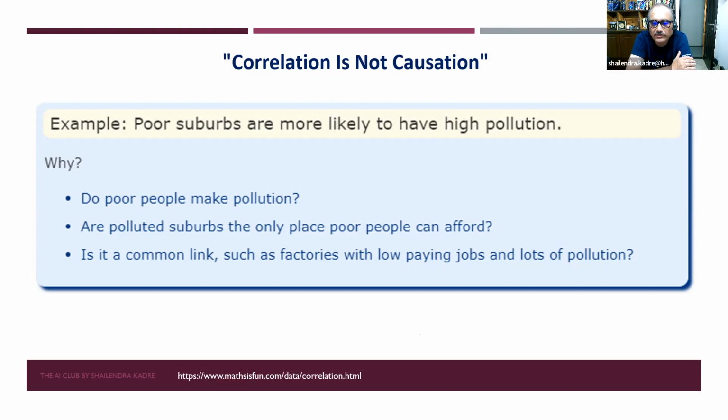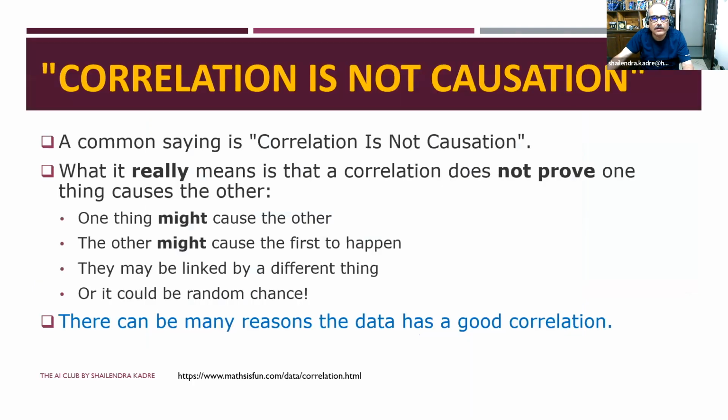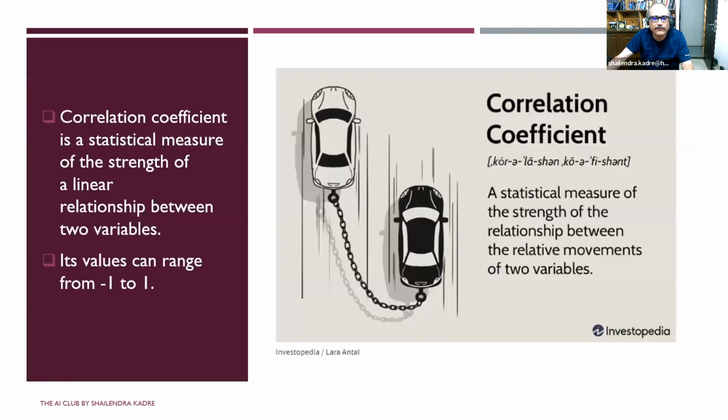The only thing is, if X increases, Y increases, that doesn't mean that X is causing the increase in Y. It can be anything. The only thing we are seeing here is that X is increasing and Y is also increasing. We cannot say that because of X, Y is increasing. That's what you have to understand here.